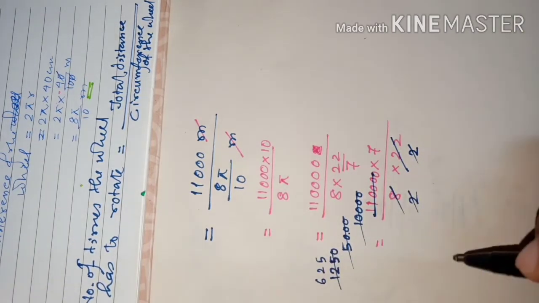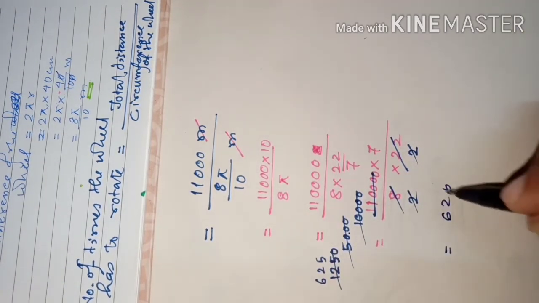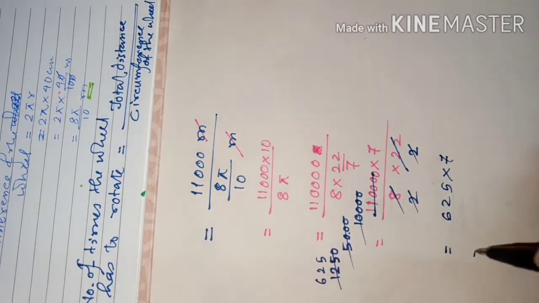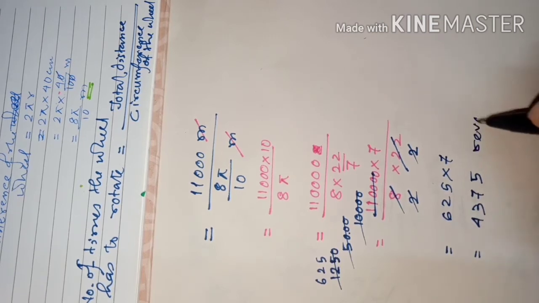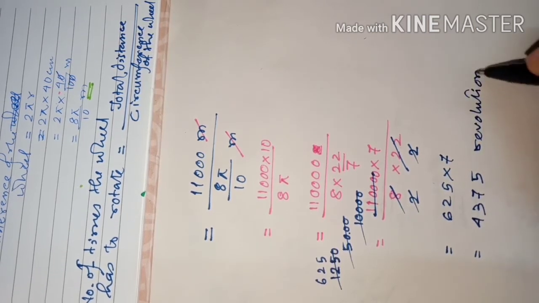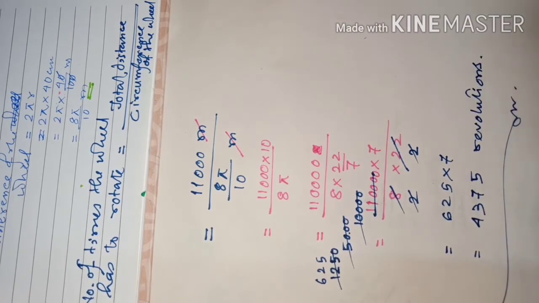That is, it will rotate 625 into 7 times. 7 fives are 35, 7 twos are 14, plus 3 is 17, 7 sixes are 42, plus 1 is 43. So 4,375 revolutions it will make. This is the number of times the wheel will rotate on the road.